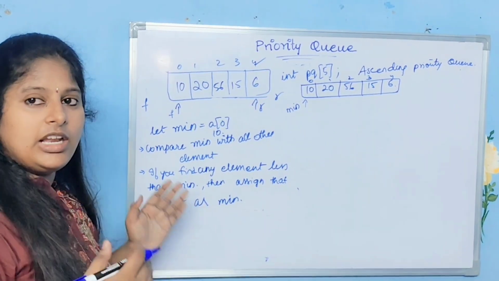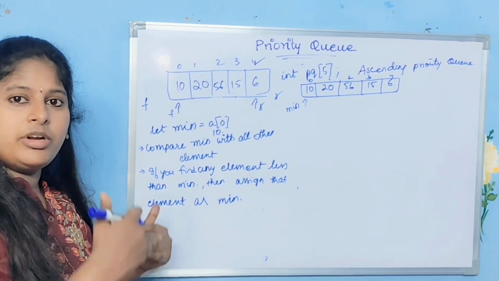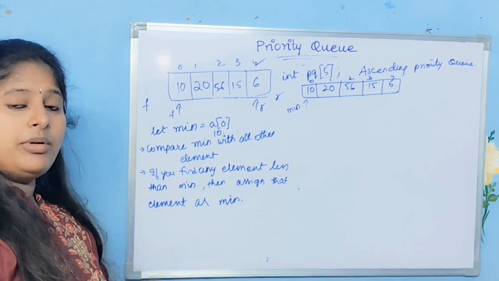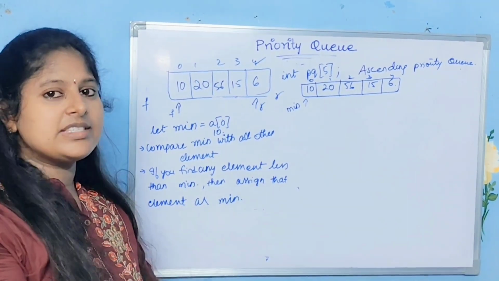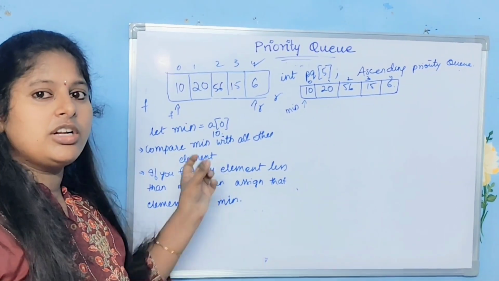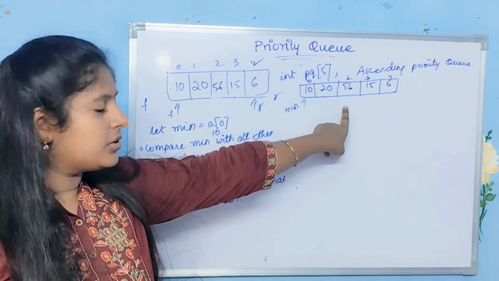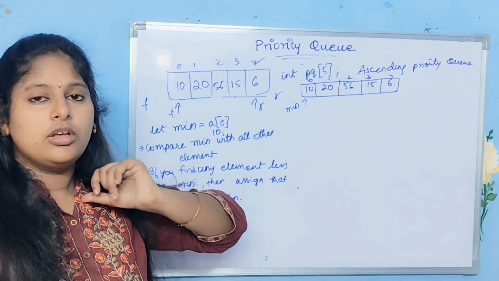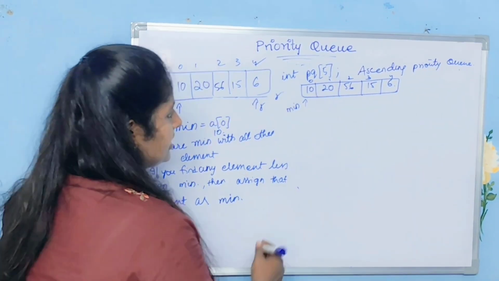If you find any element less than the min element you have considered, you have to assign it as the new minimum element. Then you continue this operation until you keep traversing the entire queue. Now we'll see the operation.